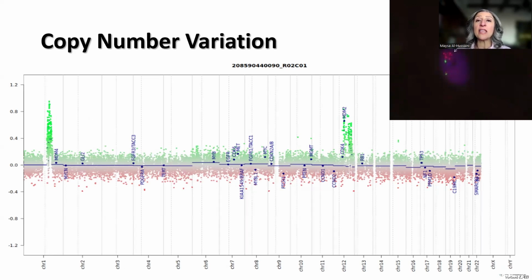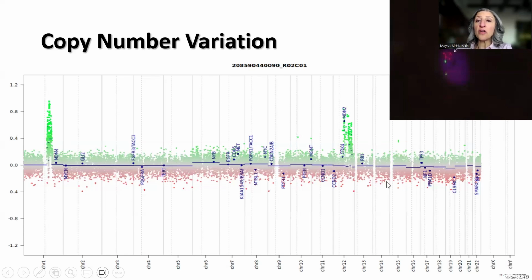The copy number variation that is usually part of the report of the methylation profiling beautifully showed the presence of the MDM2 amplification here, where we have increased number of copies of the MDM2 gene. This is also here at a partial amplification or gain of the long arm of chromosome 1, which is again reported in a subset of well-differentiated liposarcoma or atypical lipomatous tumor.